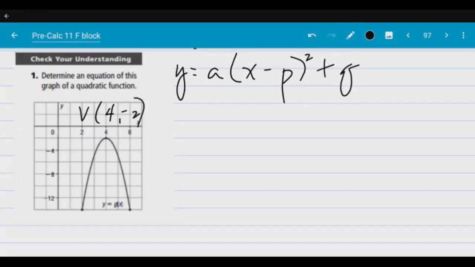What will you do there? Well, plug it into the p, q values here. Let's take a look at what happens. So y equals a times (x minus 4) squared minus 2, or plus -2, it's one and the same. Now we have 3 variables, and we need to get values for those 3 variables.